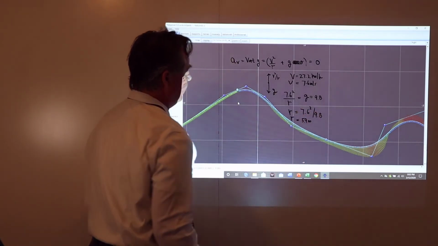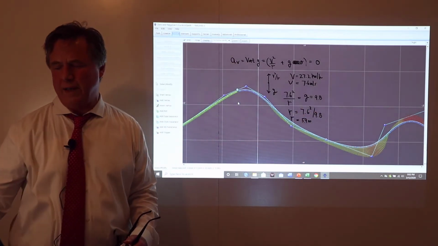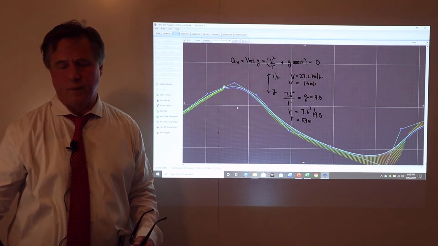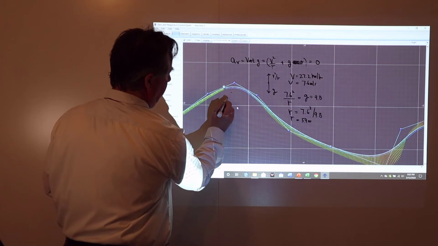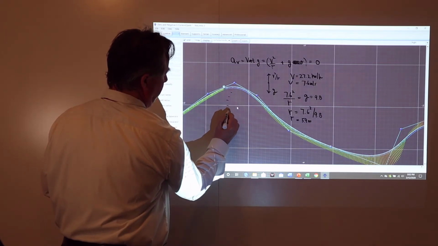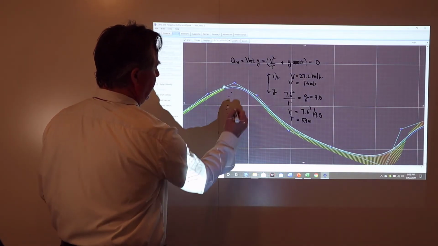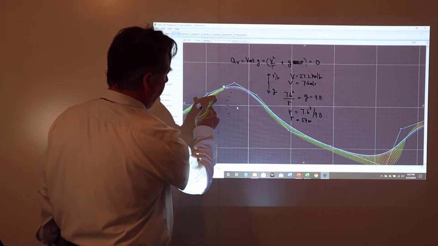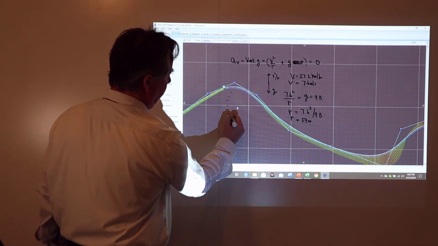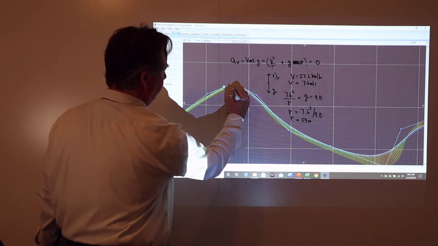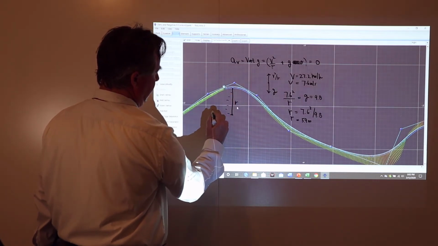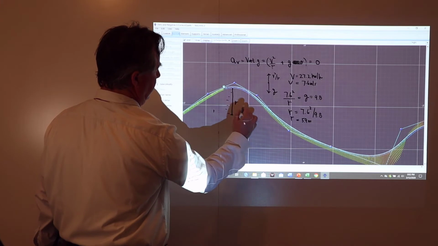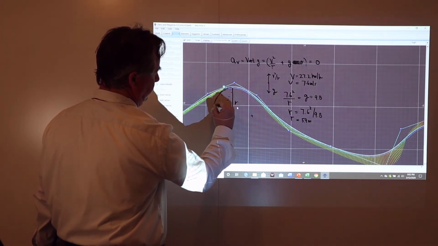And then I said to myself, does that look like a 5.9 meter radius curve? And so here are 1 meter blocks. So 1, 2, 3, 4, 5, 6. That would be the radius. Let's see, 1, 2, 3, 4, 5, 6. So that would be the center of the circle. Here's the radius, r. And I think it looks plausible.